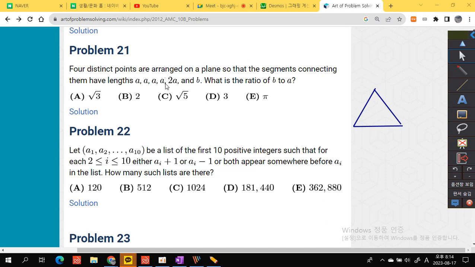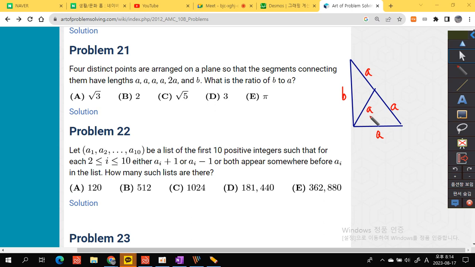And then to make this A and 2A, we can extend one of the segments this way so that they have A and 2A, and then the rest will be B. Like this.